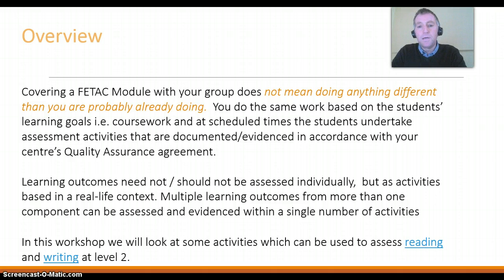So you can meet the learning outcomes for reading, writing, computers, listening and speaking. You can meet them all with one activity. In this workshop we will look at activities which can be used to assess reading and writing at level 2.